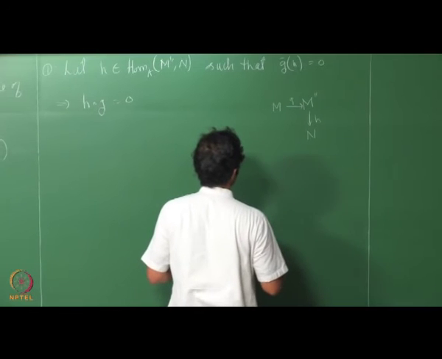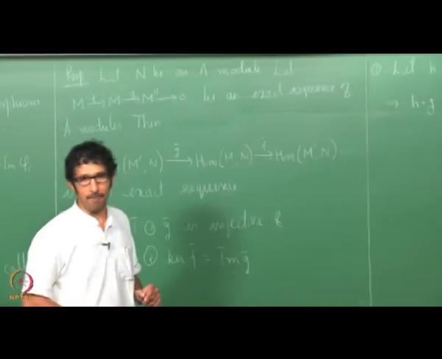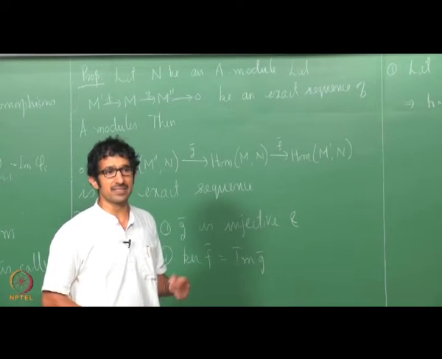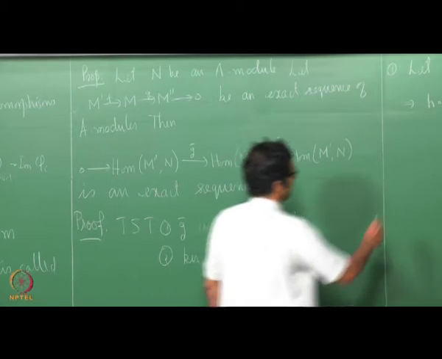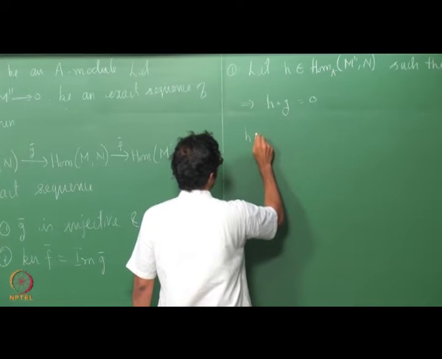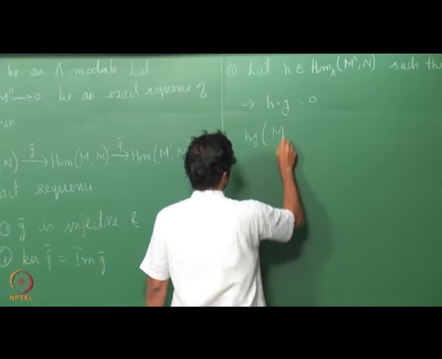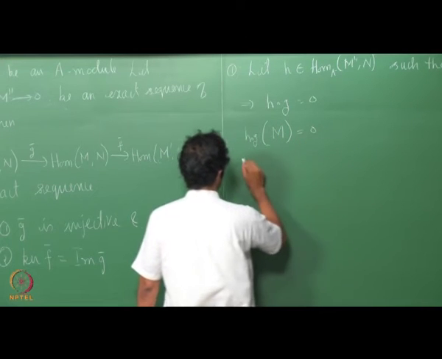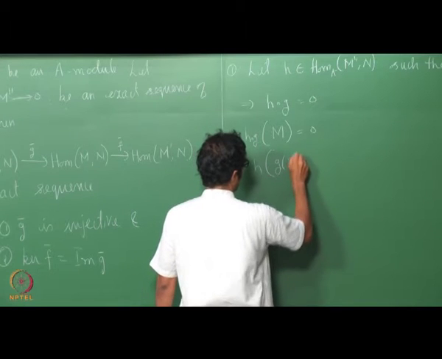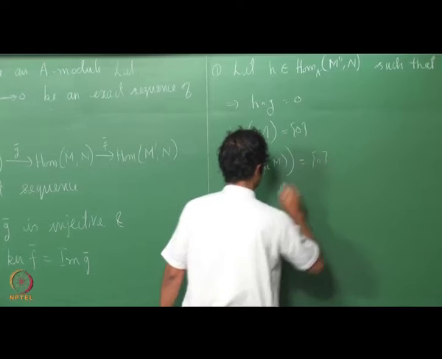That means if I take any element m of M, h composite g of m is 0. This implies h of g(m) is 0.